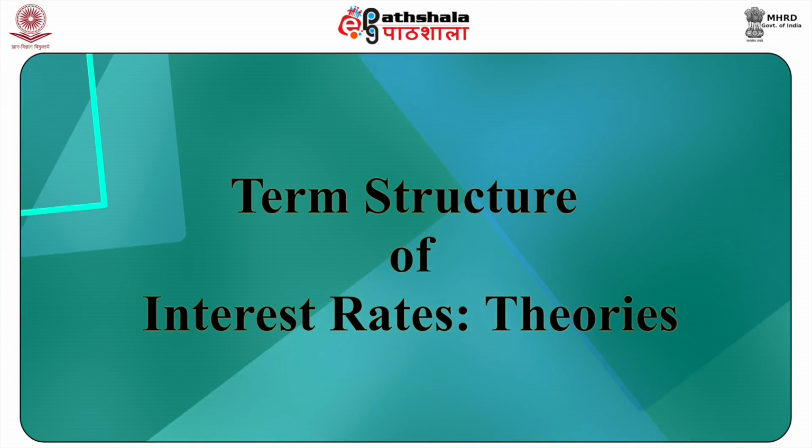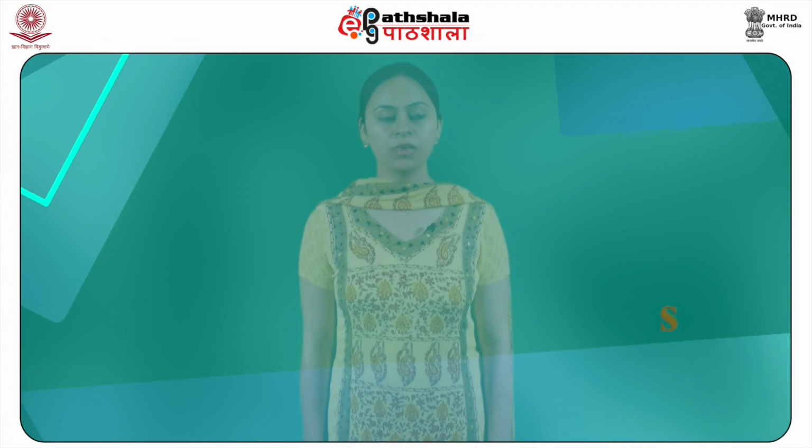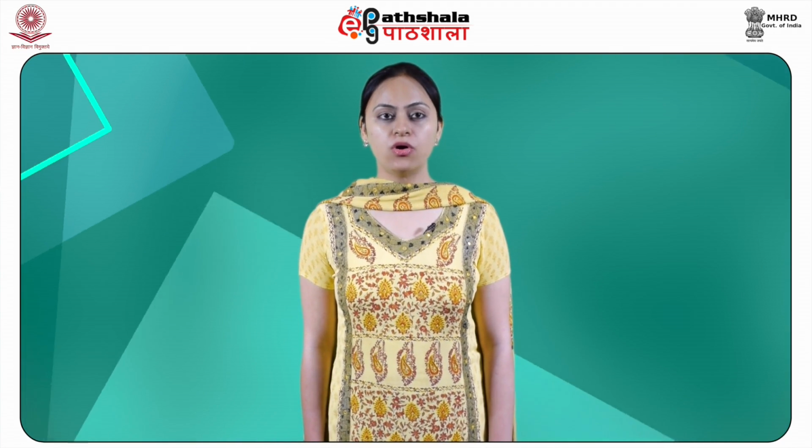Moving on to understand the term structure of interest rate theories. Of all the factors that affect the yields offered on debt securities, the factor that is most difficult to understand is the term to maturity. For this reason, a comprehensive explanation of the relationship between the term to maturity and annualized yield, referred to as the term structure of interest rate, is necessary.